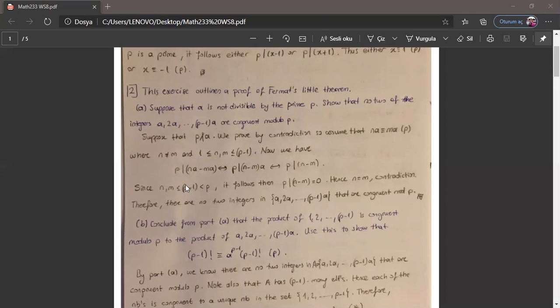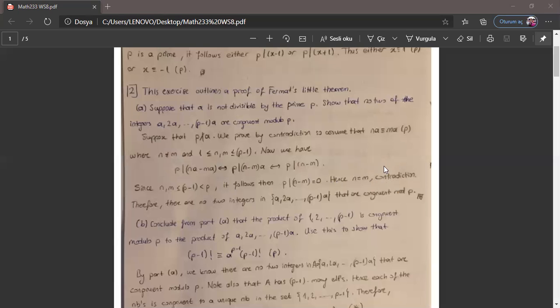And then this says if p divides the difference between them, then n minus m should be equal to 0, right? Because they are less than p. So if n minus m is equal to 0, then n equals m. But we supposed before that n is not equal to m, so we have a contradiction.